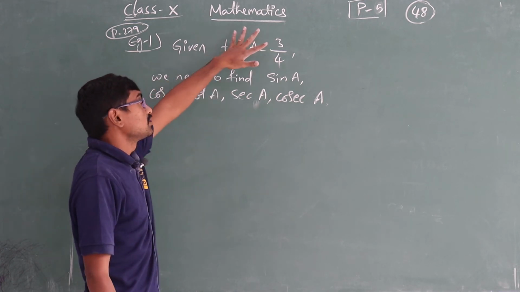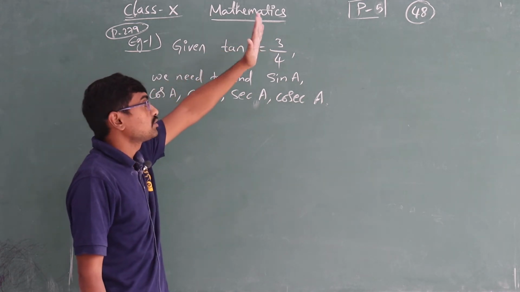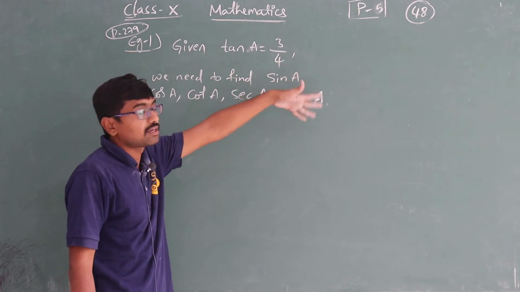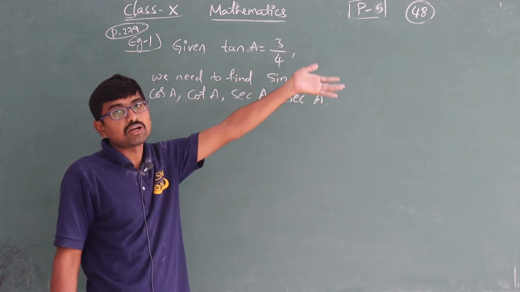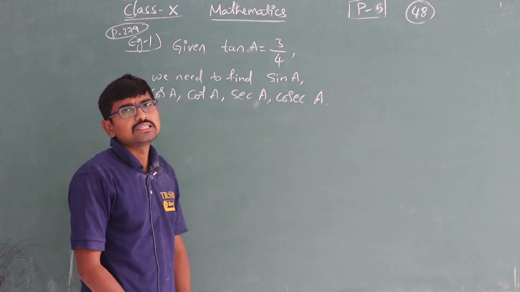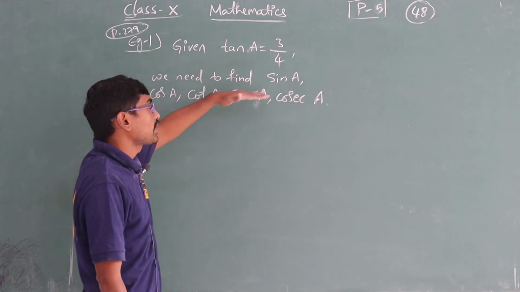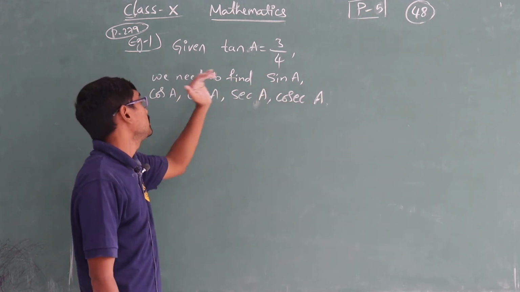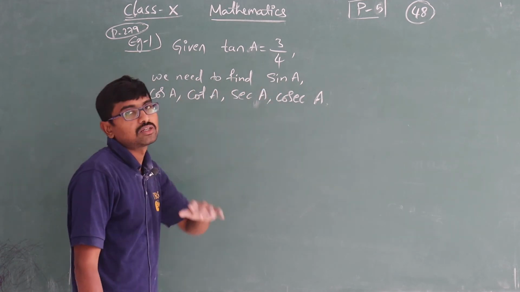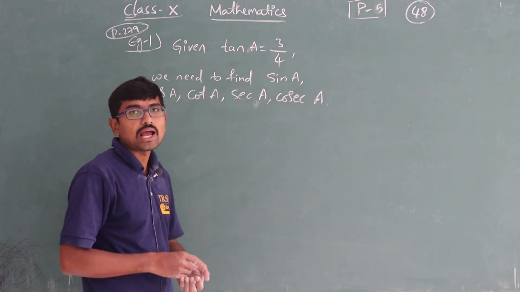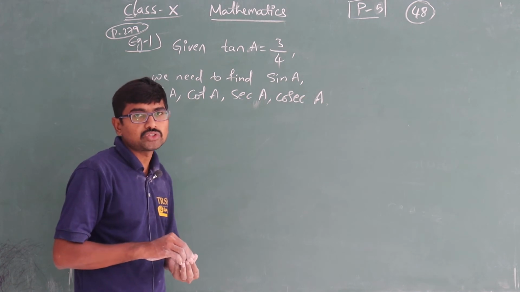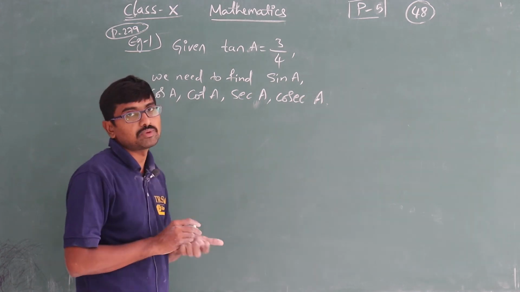For that we have to take a right angle triangle, find all the sides, and after that find all the trigonometric ratios: sin A, cos A, cot A, secant A and cosecant A. Do we have any other trigonometric ratios? No, we have this many only.